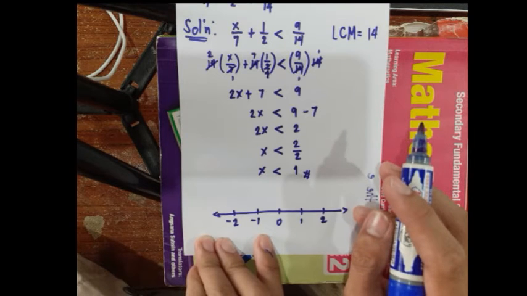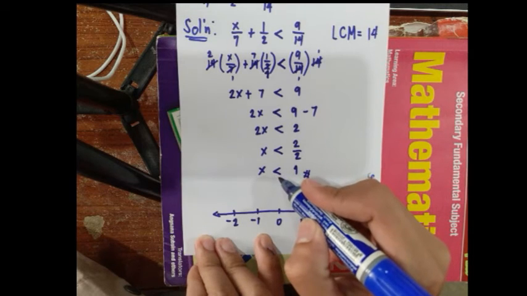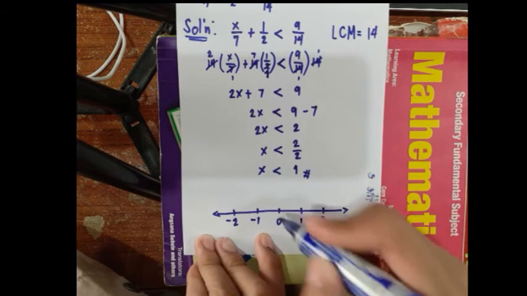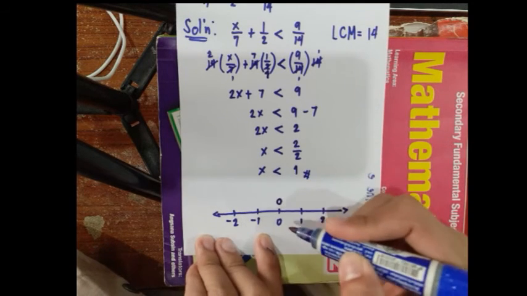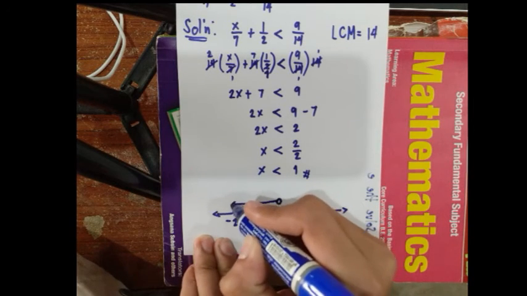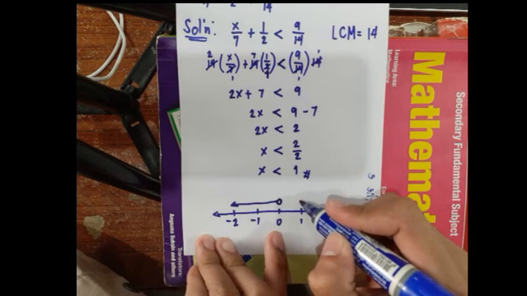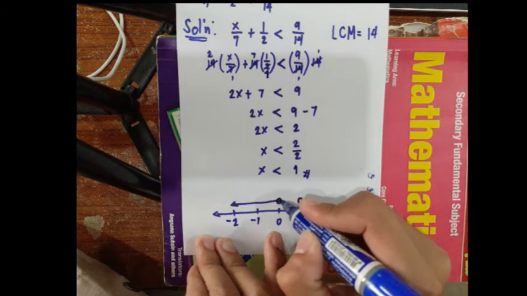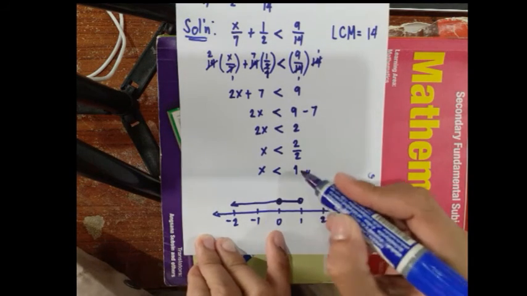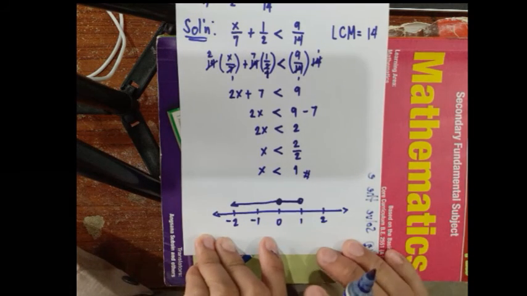We have 0, negative 1, negative 2. Remember this is less than, so we use a clear dot at 1 and go to the left.